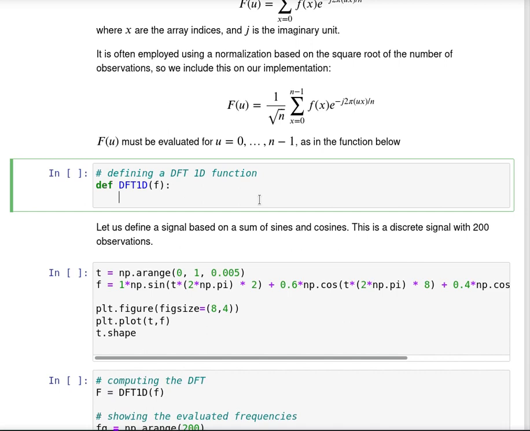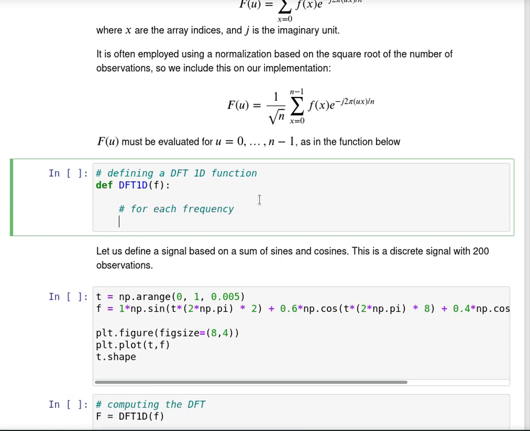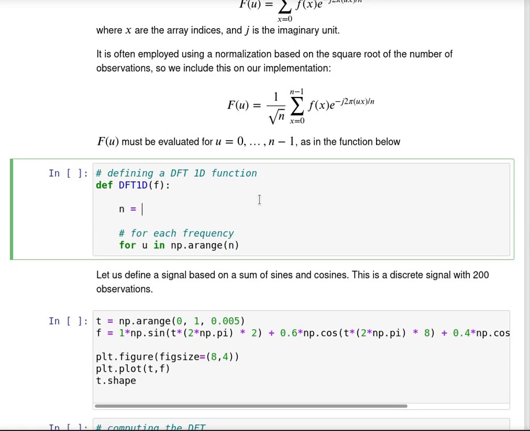I'm going to implement a DFT1D function. What we want to do is, for each frequency, so for each frequency u in a range between 0 and below n, I have to know n before that. So I'm going to take the shape of the function f that is given as argument to that function.